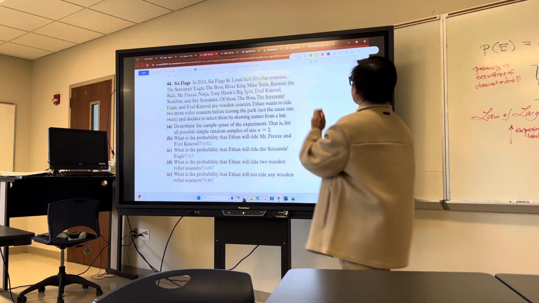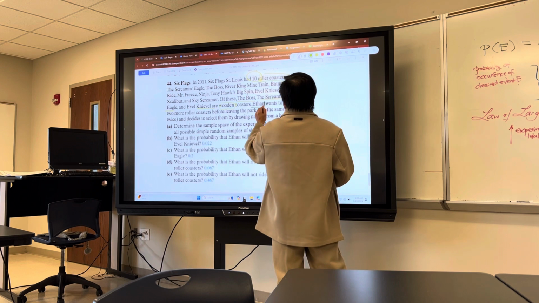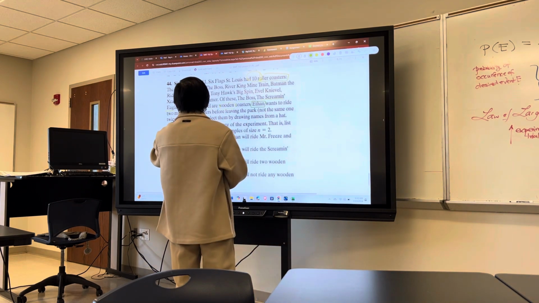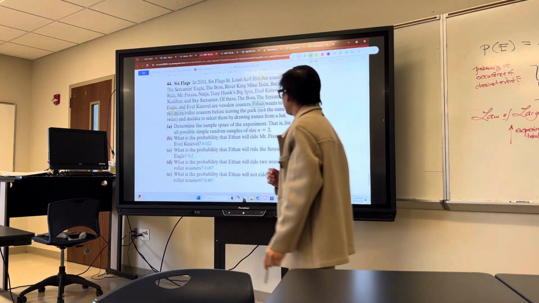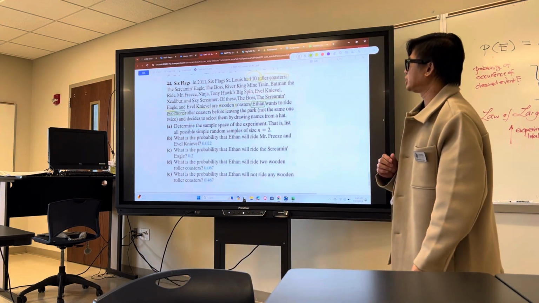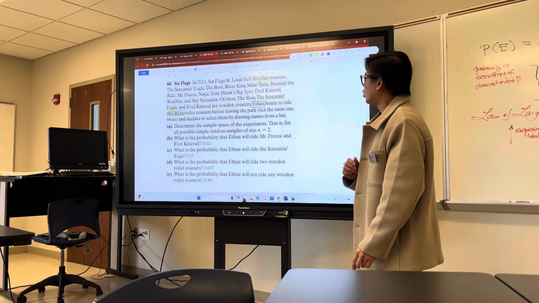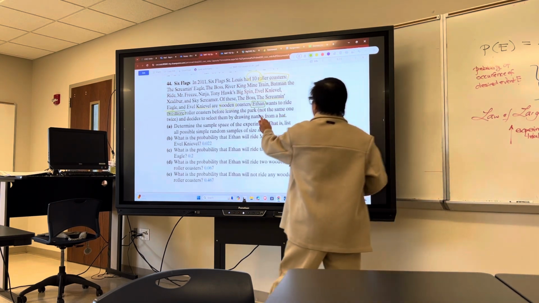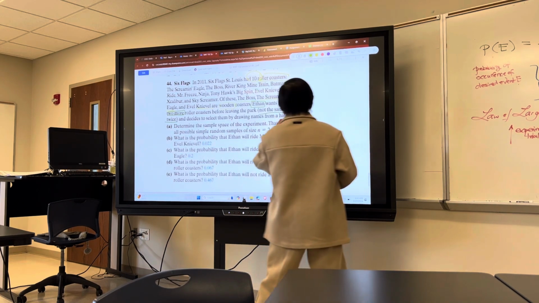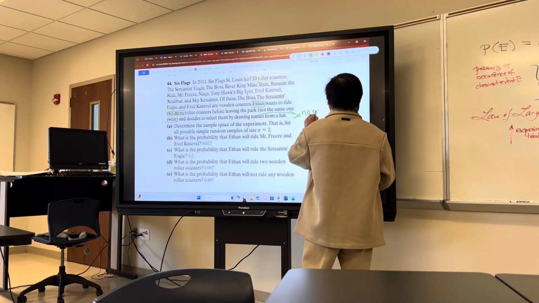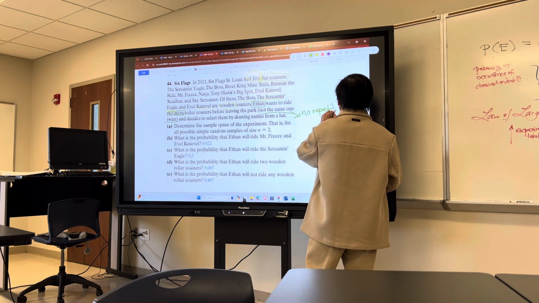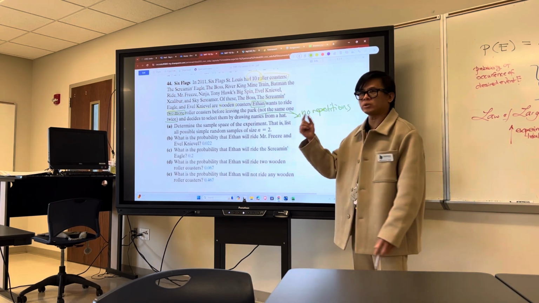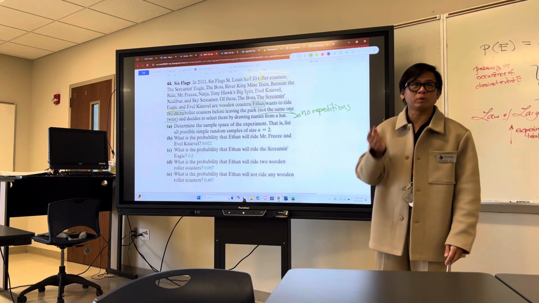So Ethan wants to ride 2 more roller coasters before leaving the park. Not the same one twice. So that means no repetition, right? Whatever he chose first, he will not repeat it anymore.